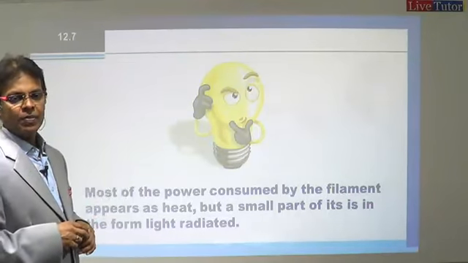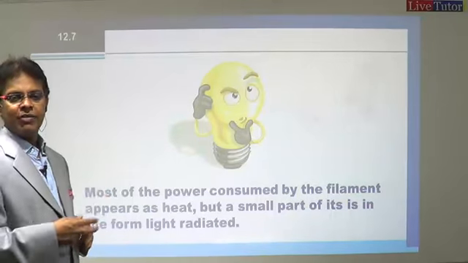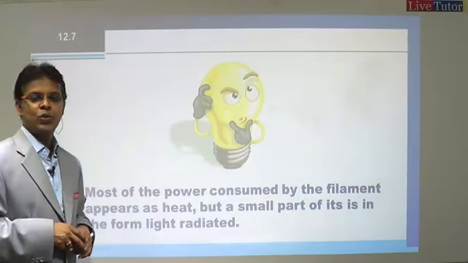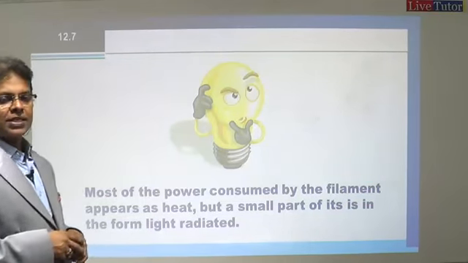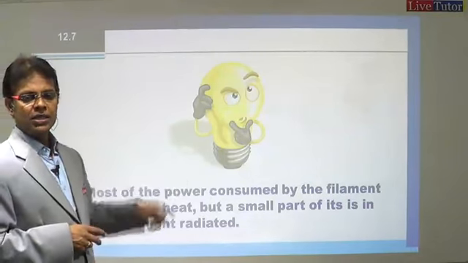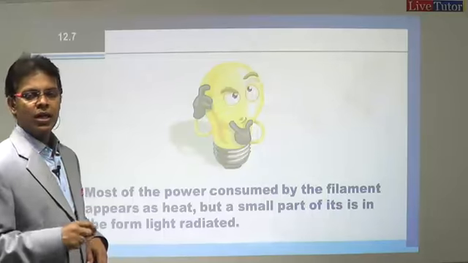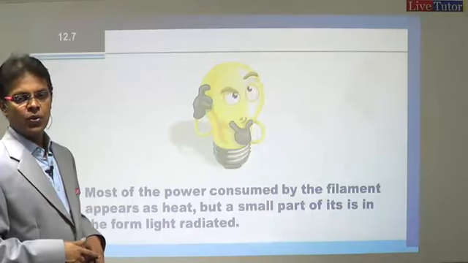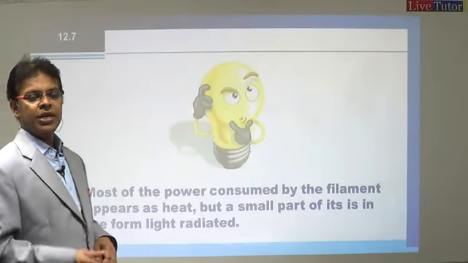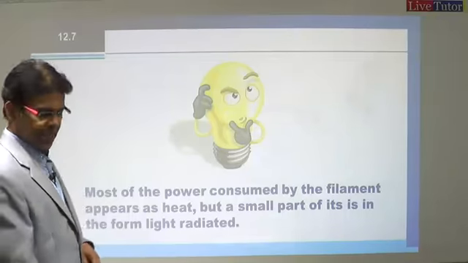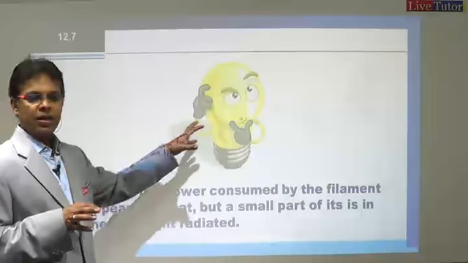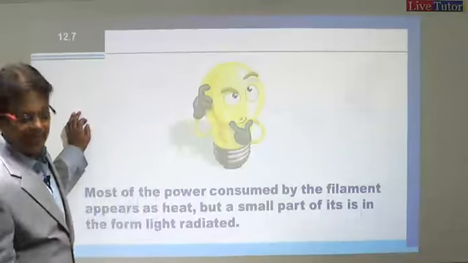But the ordinary LED or CFL bulb will not have that much heat, because they carry different gases like mercury, neon, and so on. But in the tungsten filament, since it becomes very red hot, it generates more heat. Most of the energy is generated as heat, and only a part is radiated as light. That is why, when you compare with the ordinary bulb, the organ bulb's light is not that bright.